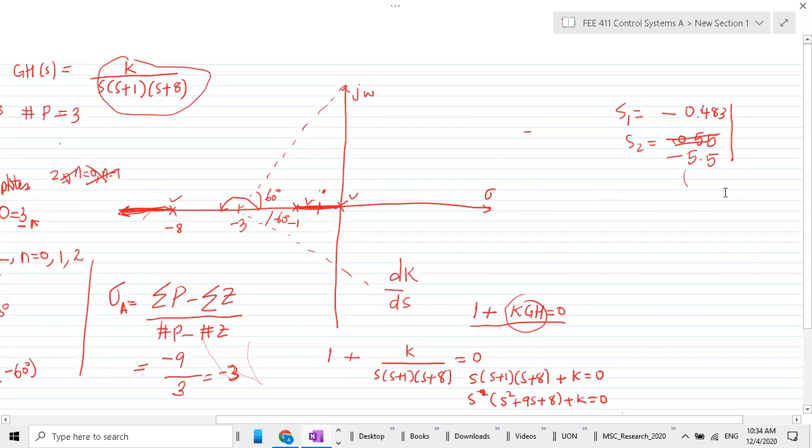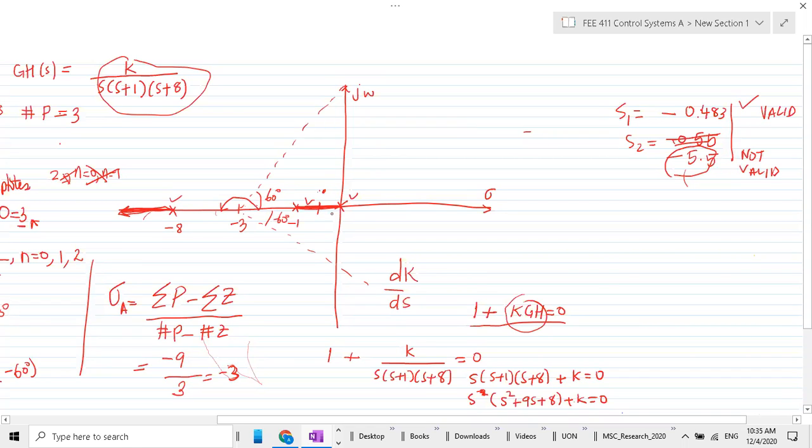So -5.5 is around here, between -1 and -8, so it's not valid. It's not part of root locus. The only valid point is this one, minus 0.48, it's around here.